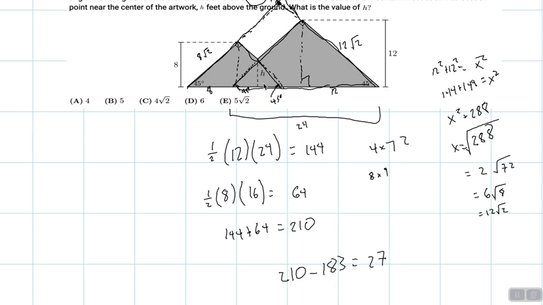So the area of this is 27. It's just one half base times height is equal to 27. Base times height is equal to 54.